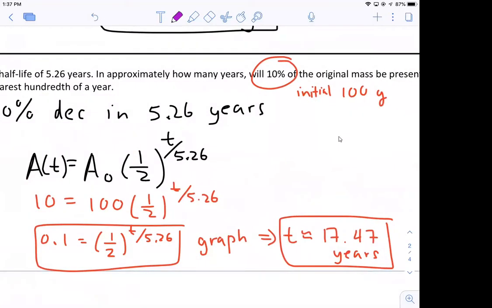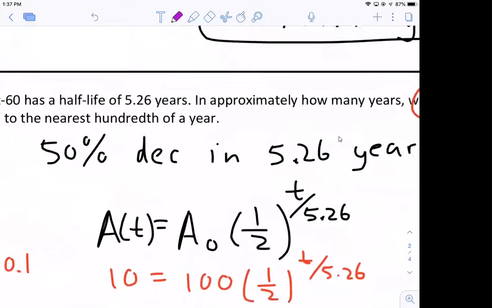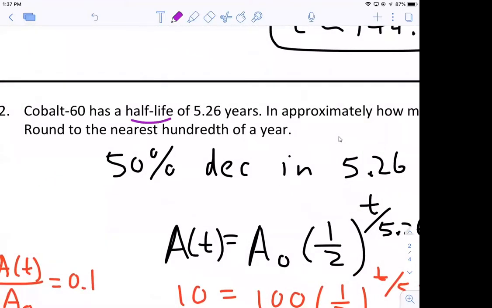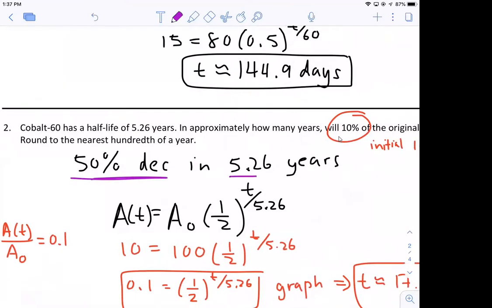Whatever this half-life, we're going to come up with a general formula for it now. So again, half-life is how long it takes to decay in half. So it's giving us a 50% decrease in 5.26 years, which was the half-life.